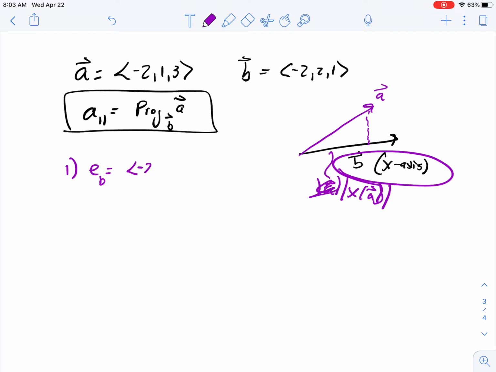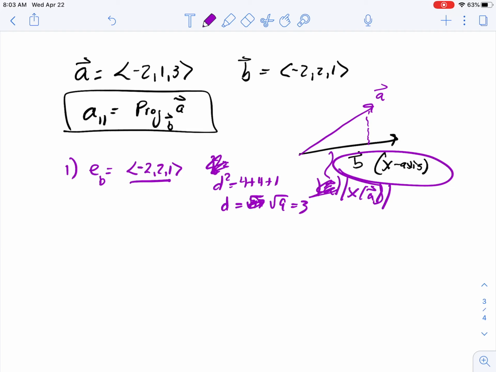So the unit vector of B would be negative 2, 2, 1, divided by, let's see, B squared, excuse me, D squared, 4 plus 4 plus 1. So D would be root 17. Excuse me, can't add.